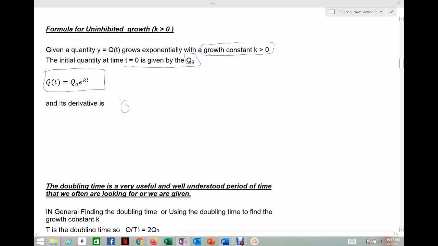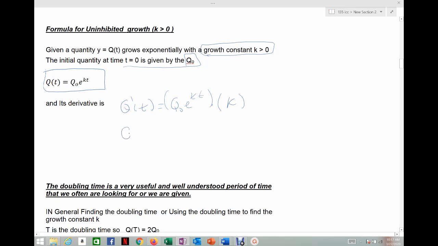The exponential function's derivative is itself, so the original expression, Q naught e raised to the k times t, times the derivative of the exponent, which is just k. That's always what the derivative is. It's the original function times its growth, and that should make sense. K is the percent at which we're growing, so we multiply by k, because k is a decimal, and that's how we multiply percents, by decimals.